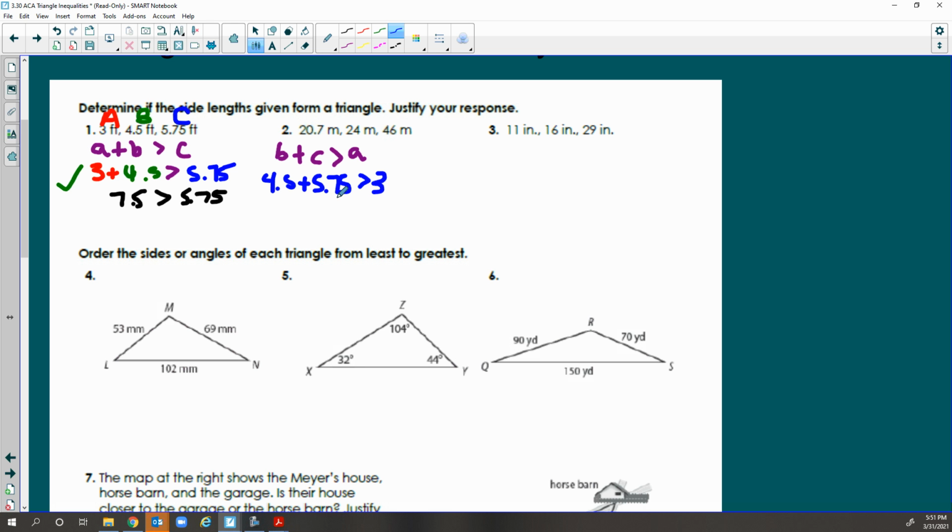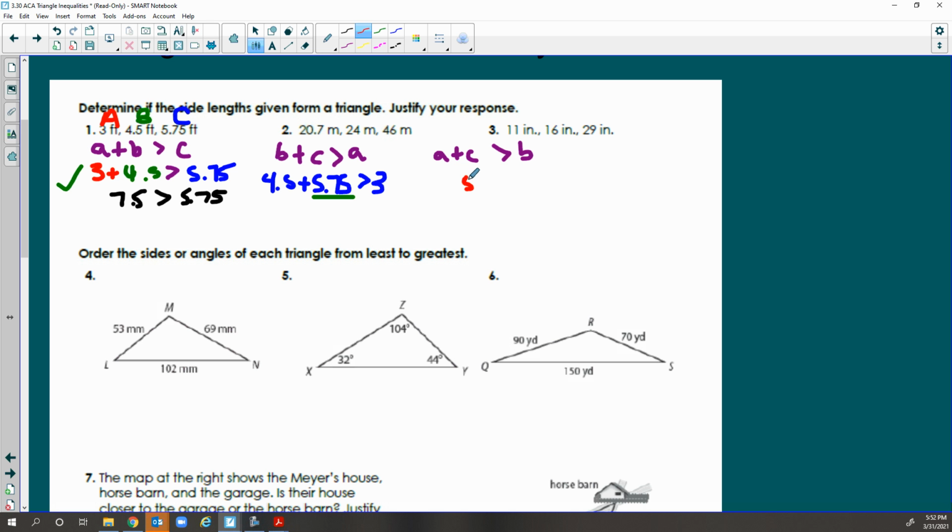And we're never going to have negative values on a triangle, because if there's a negative length on a side, that triangle does not exist. We can't have a triangle that says negative 102. That doesn't make sense. So I don't even have to continue adding. This alone will do the job. And the other part, if I do A plus C being greater than B, the same thing happens.